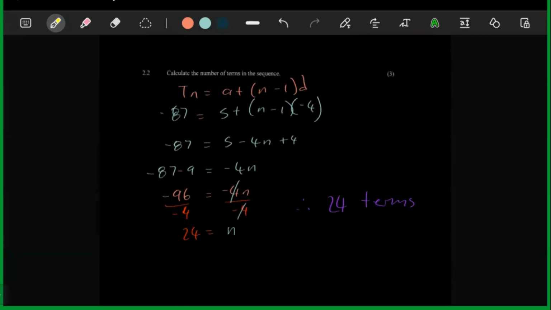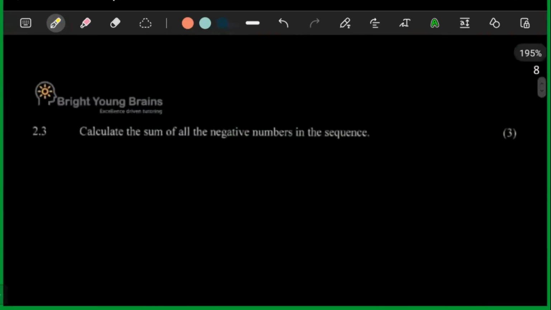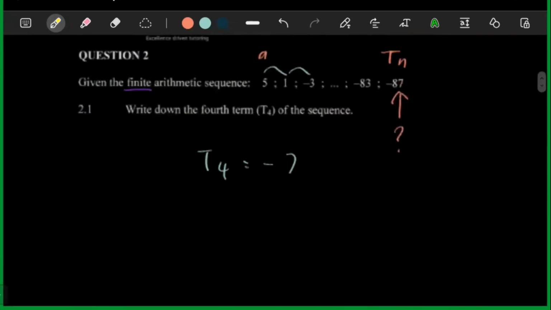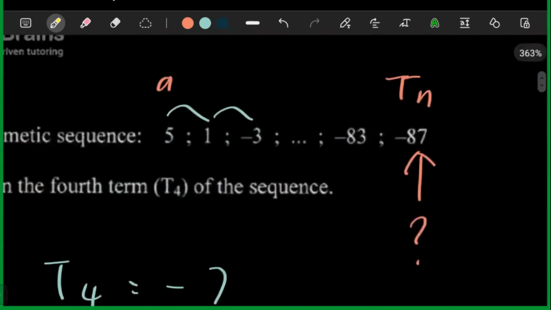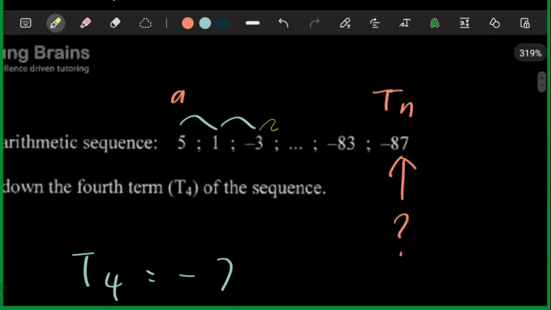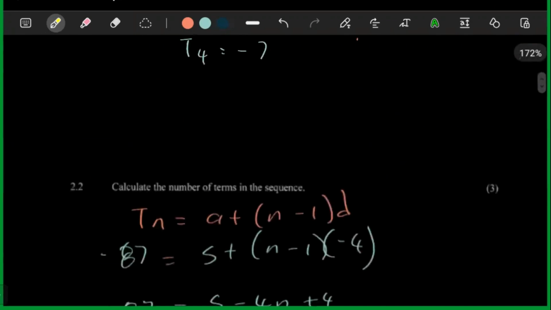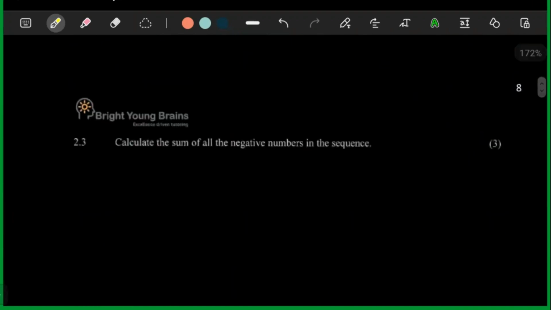The next one says calculate the sum of all the negative numbers in the sequence. The idea is, if you're going to work out the sum of all the negative numbers, you can see here that the negative numbers start from -3 up until -87. So you could think of a sequence that starts with -3, -7, -11, going on until -87.